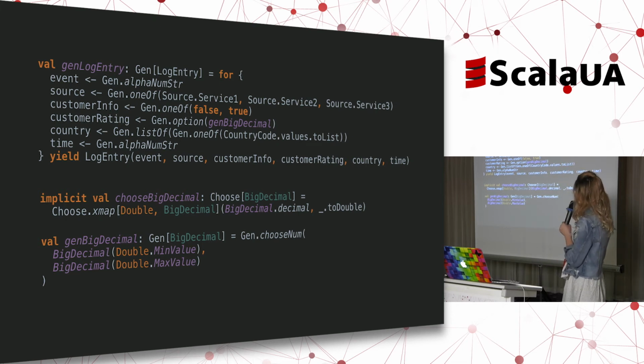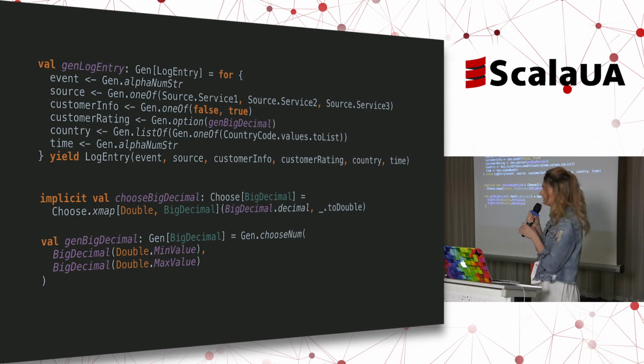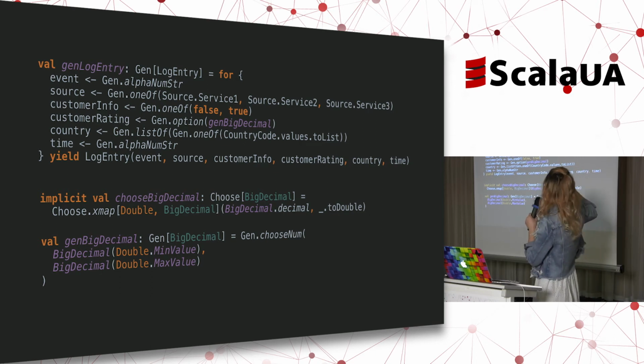You can see it at the bottom. You would want to choose one number from this range. So you specify the boundaries, and you use the chooseNum method. But to use the chooseNum method, it is necessary to specify the Choose instance of this data type, and well, you just Google it. It's not that complicated to create one, and then it works.